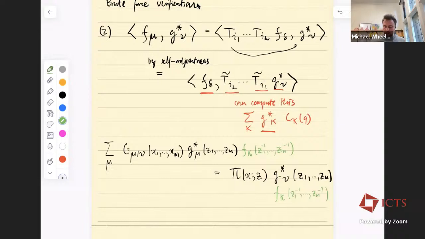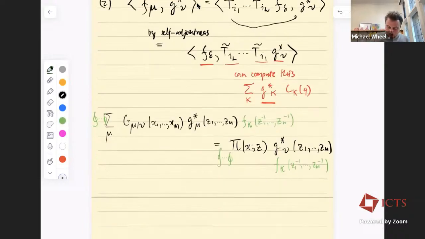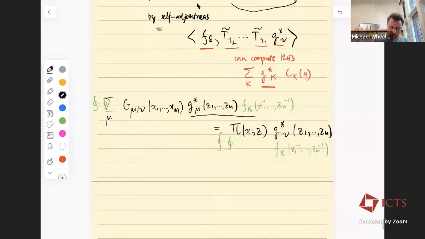Once you have done that, you can then go ahead and integrate both sides, basically performing exactly the integrals that are stated in the orthogonality. And in view of the orthogonality, this is going to be a Kronecker delta. So the summation over mu will be completely killed.